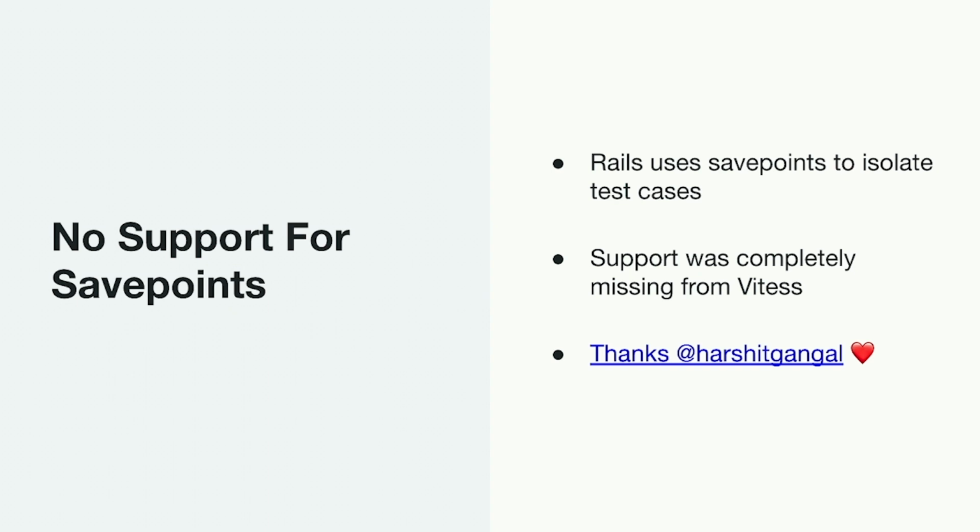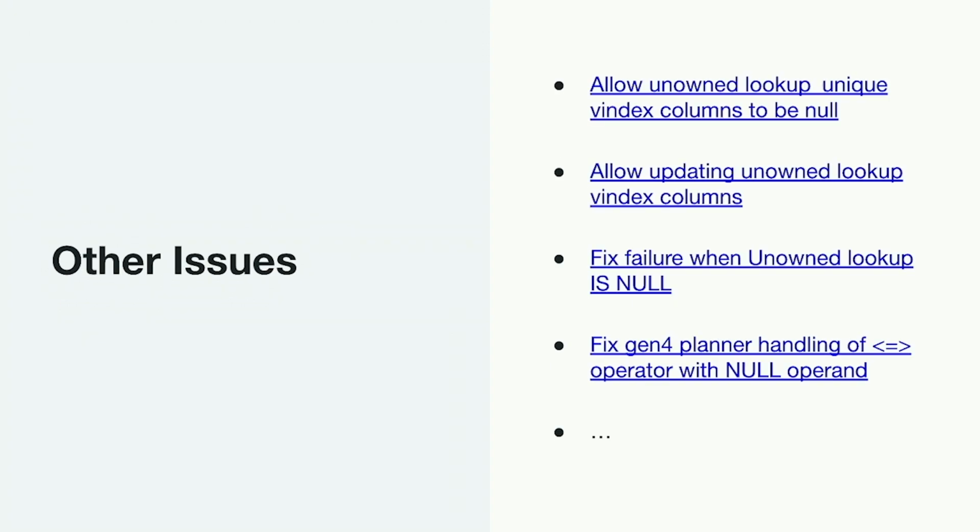Big shout out to Harshit from the Vitess maintainer team, who very quickly implemented a pull request that added savepoint support to Vitess. But there was a whole bunch of other issues that we ran into, which I'm not going to go into detail here, but you can download these slides later and look at all the references I put in.